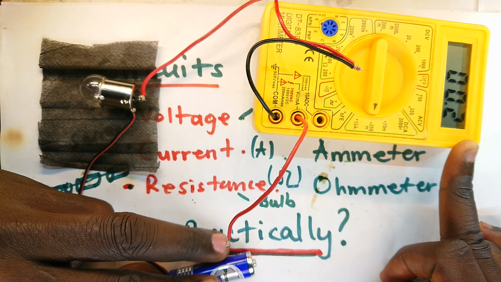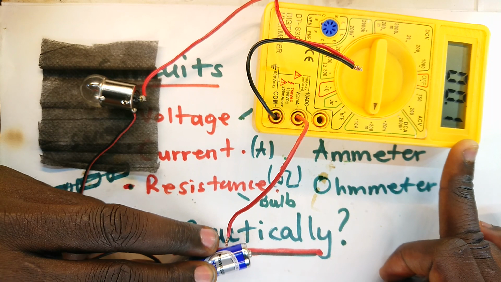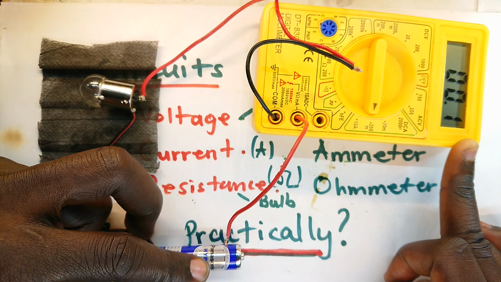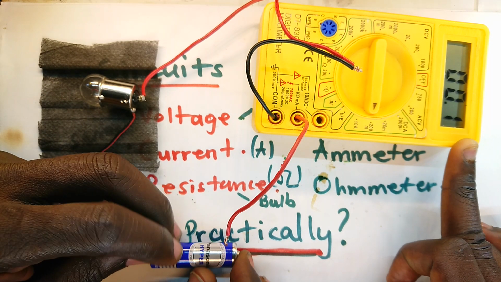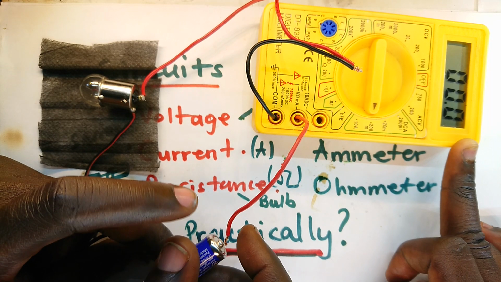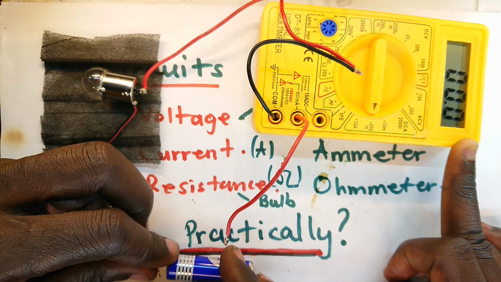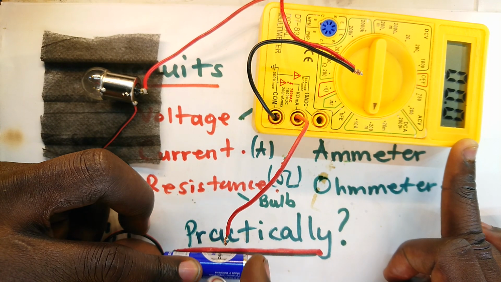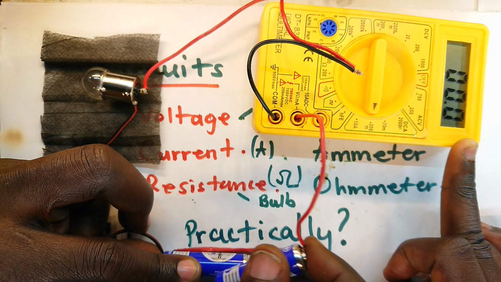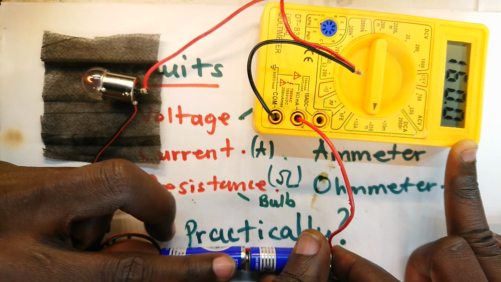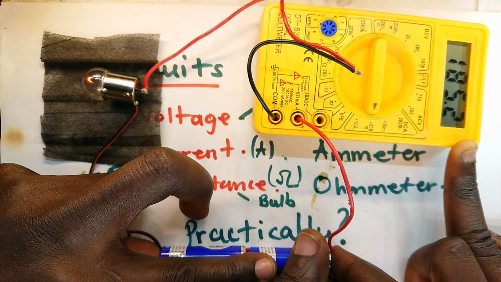Now give me a blue one. Let me increase the potential difference by increasing the cells to 2. That means from 1.5 volts of potential difference, we are going to 3. Now you see the glow has increased.